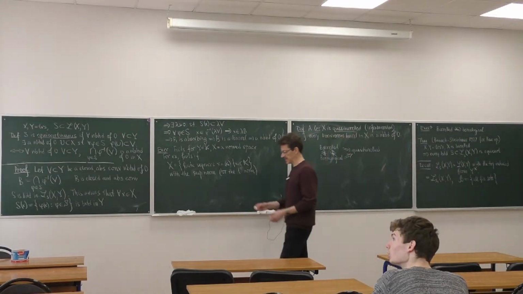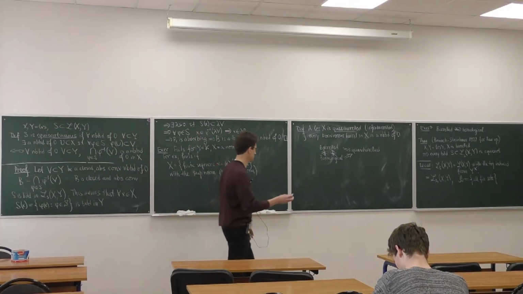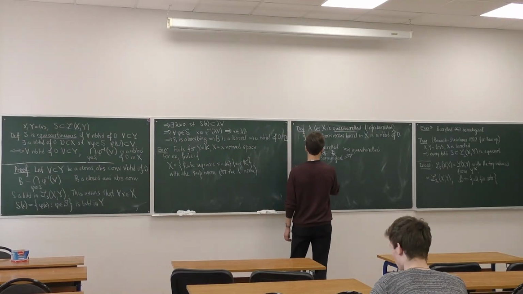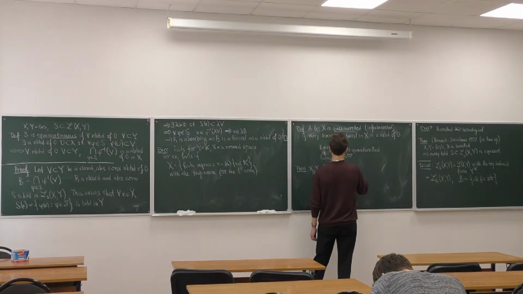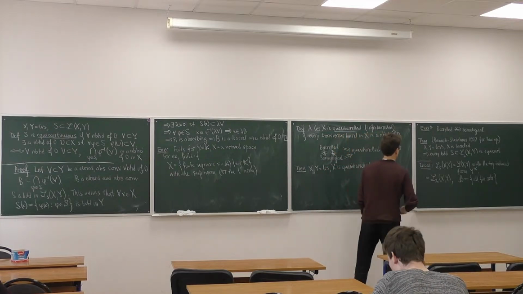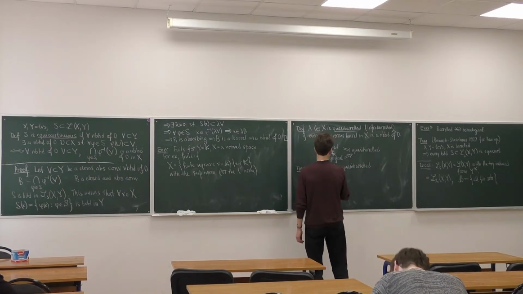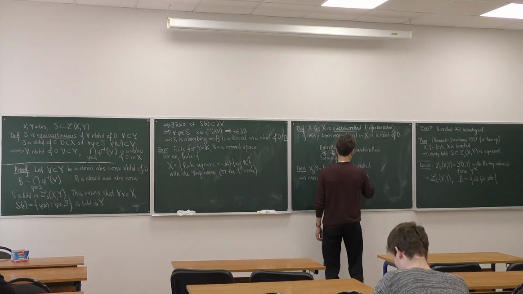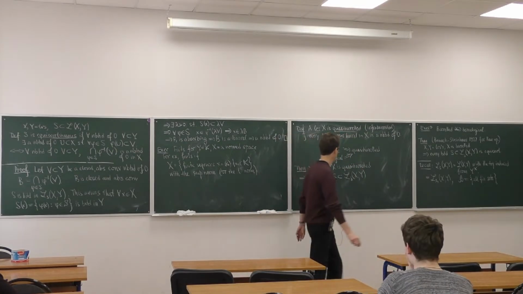And for quasi-barreled spaces, we have the following analog of the Banach-Steinhaus theorem. Namely, if we have two locally convex spaces X and Y, and X is quasi-barreled, then every set S in L of X, Y which is bounded for the topology of uniform convergence on all bounded sets is equicontinuous.